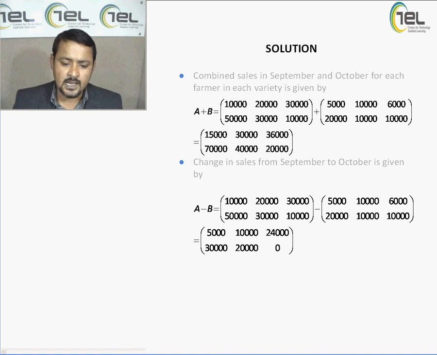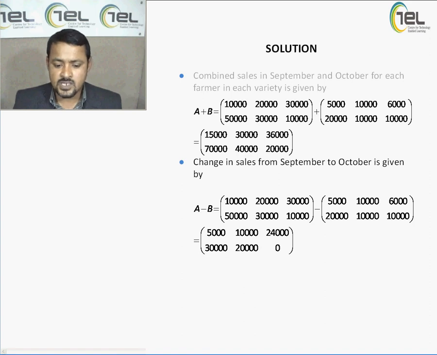Now the second answer is change in sales, which means how much the sales have decreased or increased over the month. We have to subtract the second matrix from the first matrix, that is A minus B, which is 10,000 minus 5, 20 minus 10, 30 minus 6, 50 minus 20, 30 minus 10, and 10 minus 10.